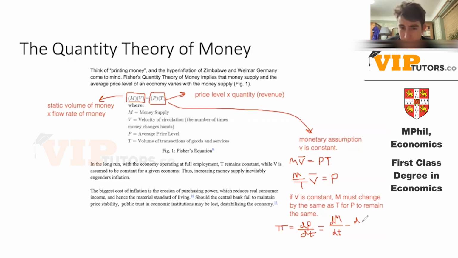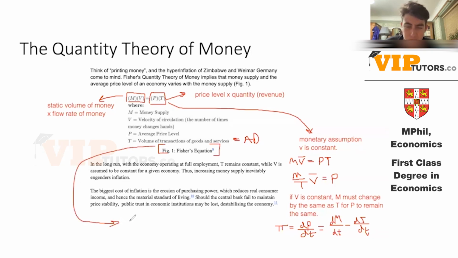In other words, the aggregate output. This is equivalent to aggregate demand, equal to AD. So we can say dT, big T by little t. And that is how you end up at the Fisher equation, right?